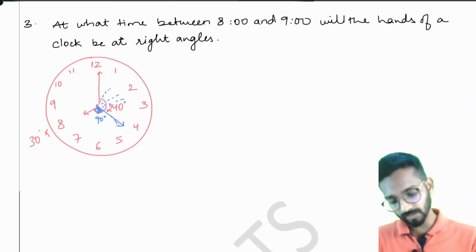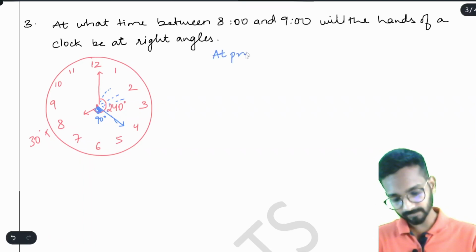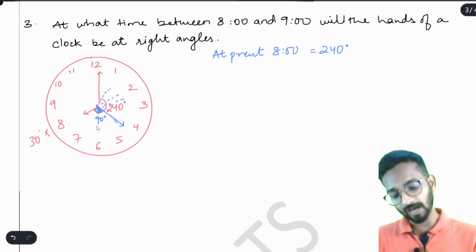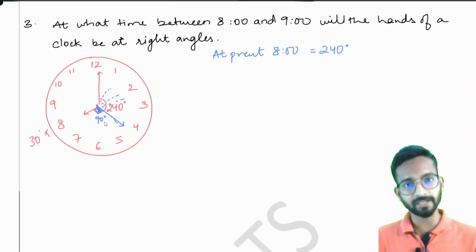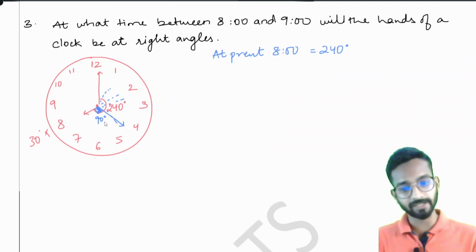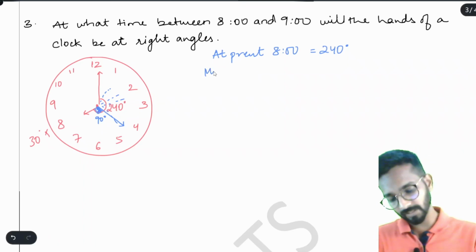Now I know that at present, at 8 o'clock, it is making 240 degrees. What is our target? We want 90 degrees. So how many degrees should the minute hand travel to reach 90 degrees?